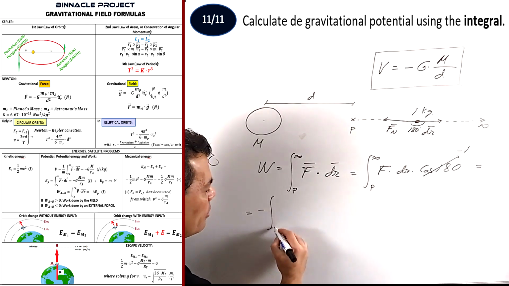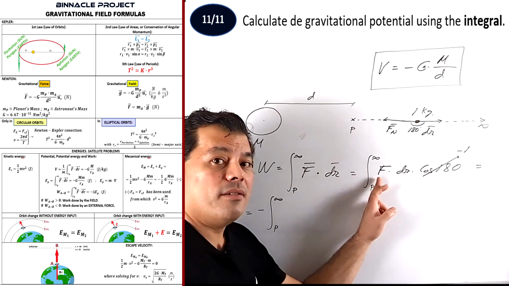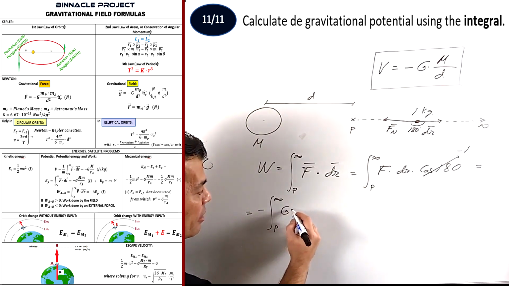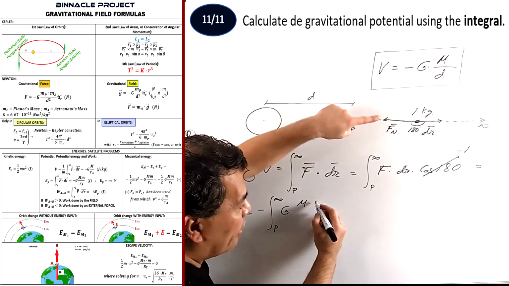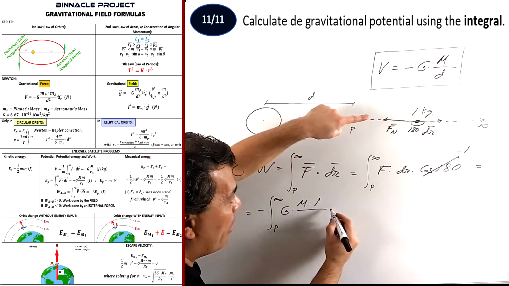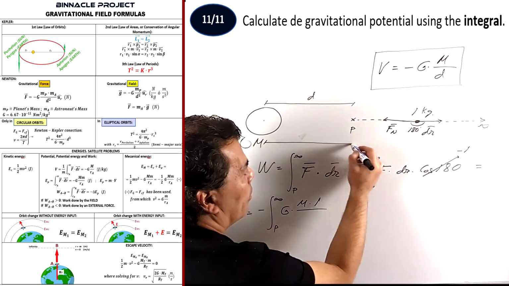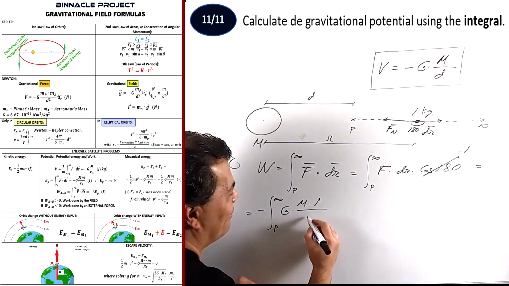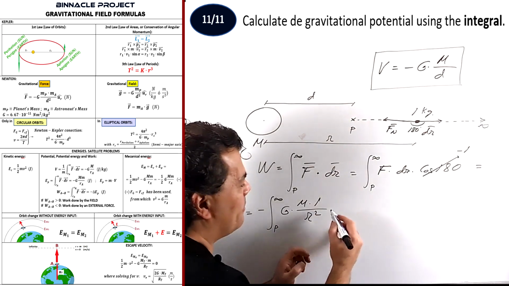Integral between P and the infinite. And now I'm placing the force, the Newton force, that is the universal gravitational constant G, the mass of the planet, 1 kilogram divided by the distance. And the distance at this moment is r. Okay? R. But r squared, as Newton says.